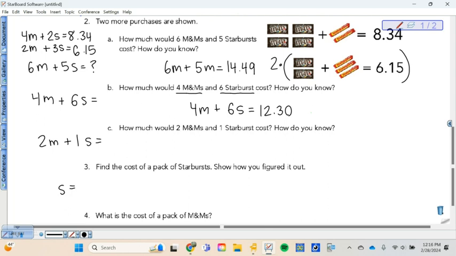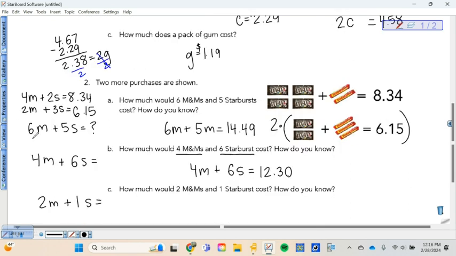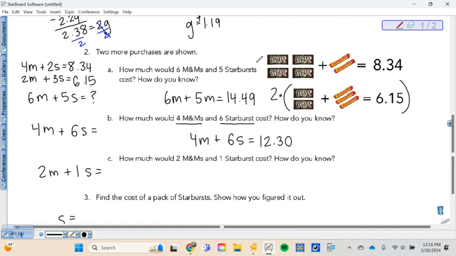Okay. So what about part C? I want to figure out 2 M&Ms and 1 Starburst. Very good, right? So look at that. We subtracted an equation up here, and then we added an equation. Where did we add? We added this equation here. Then we multiplied an equation, and now for part C, we're going to divide this equation by 2. Because what's 4 M&Ms divided by 2? 2 M&Ms.